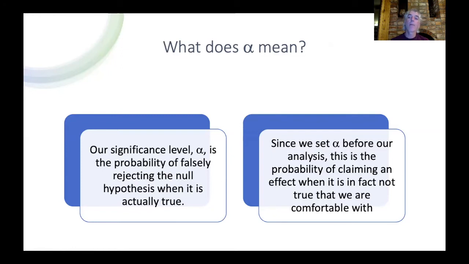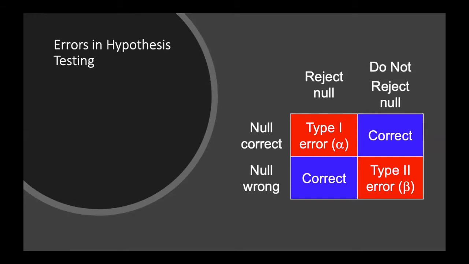We're okay with 5% of the time making the mistake and saying that there is in fact an effect when there actually isn't. There are actually two ways in which we might make a mistake in our hypothesis testing. The first one we've already talked about is referred to as a type 1 statistical error. And that's a situation where we reject the null hypothesis when it is in fact actually true.